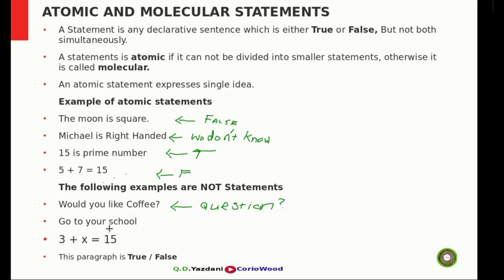How about the second one, go to school? It's a command. We are commanding him or her to go to school. 3 plus x is equal to 15 is not a statement, because it contains a variable.